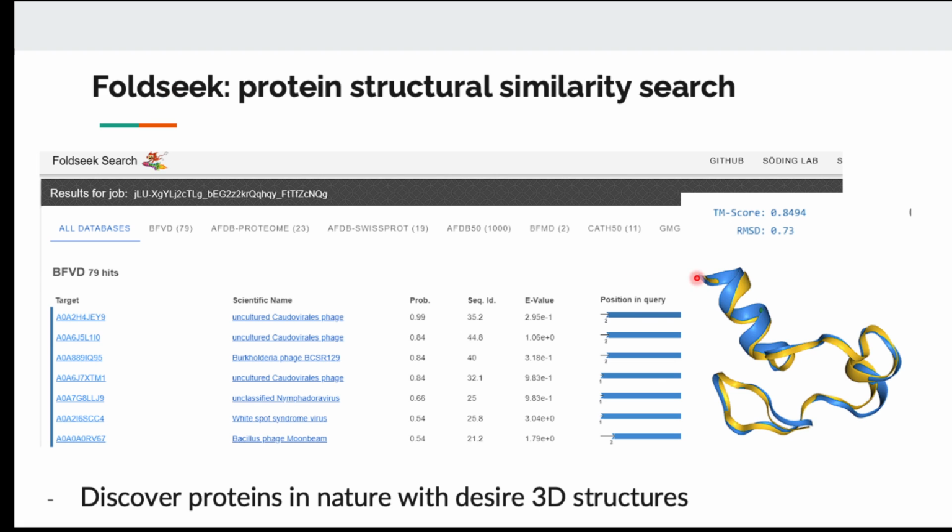Underneath, it will try to predict the 3D structure and compare that 3D structure to known protein structure or to the predicted 3D structure for unknown protein and give you back other protein with similar 3D structure. And hopefully that will give you a better result for protein with similar function because the structures are similar. Even though it's predicted by AI, it's theoretically a better way to find protein with similar function.